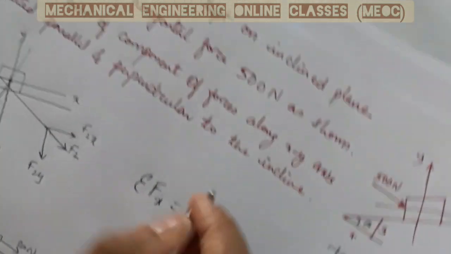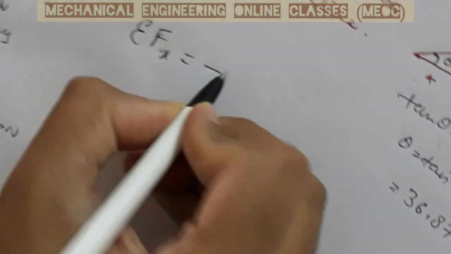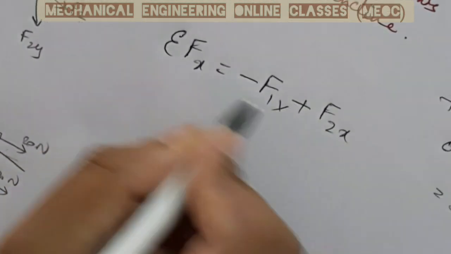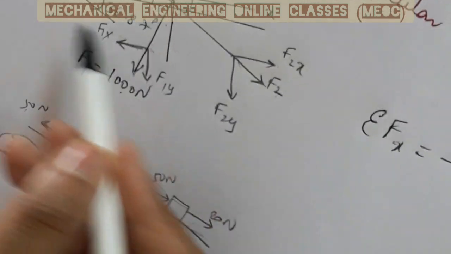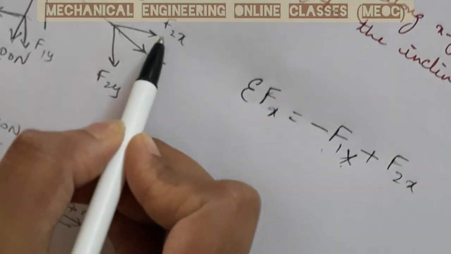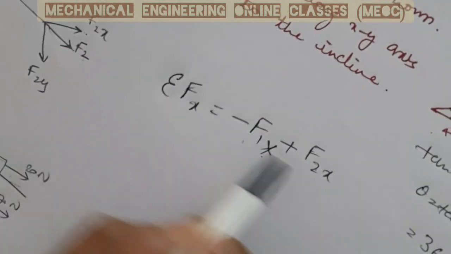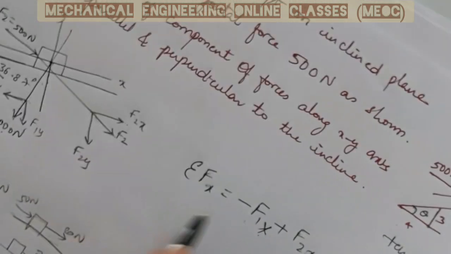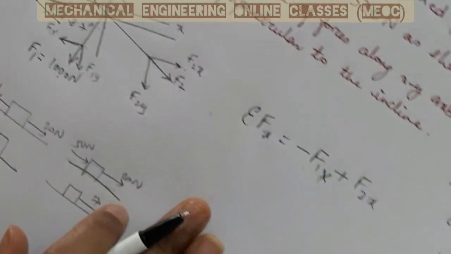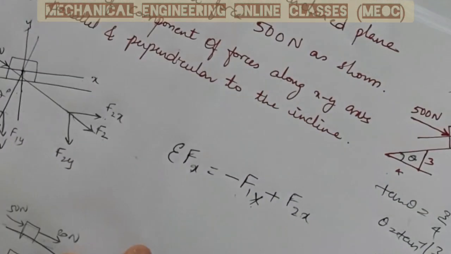Sigma Fx will be minus F1x plus F2x. I have to consider the direction. If I am considering leftward forces as negative, then it is minus F1x, and rightward forces as positive, then this is F2x. I am adding them, finding the sum. The total of the forces acting along the x-axis is sigma Fx.